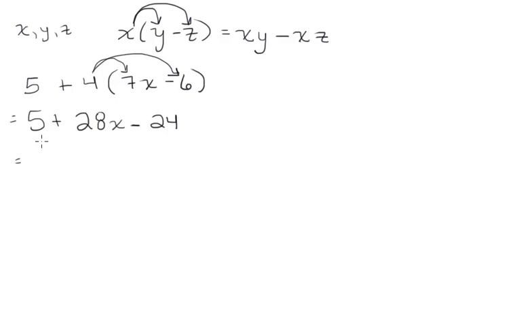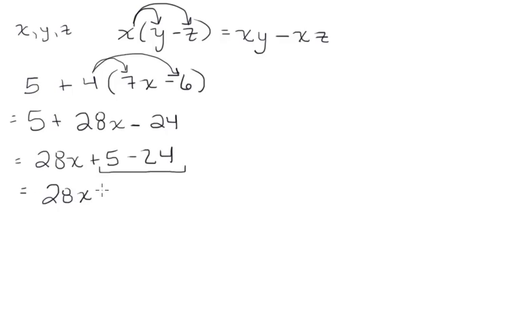Now let's move the terms so that I have my variable and my constants together. And I can associate. So I'll have 5 and minus 24, or you could think of it as 5 and negative 24.